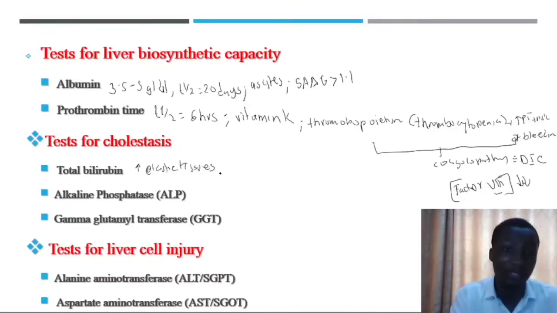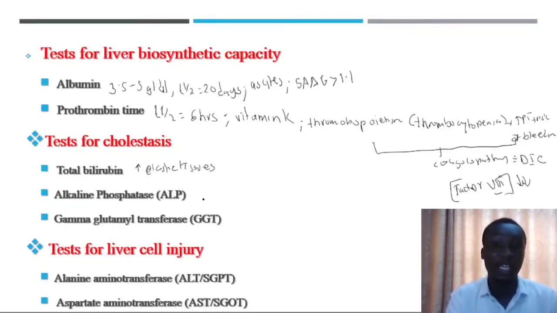The sclera is made up of lots of elastin, and so the bilirubin will accumulate there, causing the yellowish discoloration of the sclera that you see. In other words, jaundice will always present with yellowish discoloration of the sclera, and carotenemia cannot present with yellowish discoloration of the sclera. So that is basically what we will talk about there.